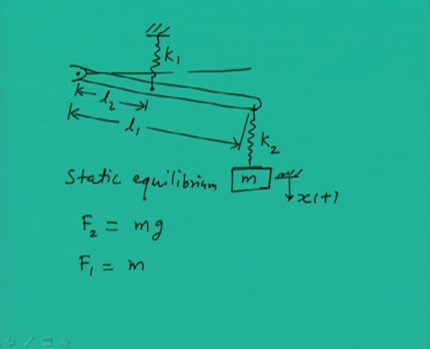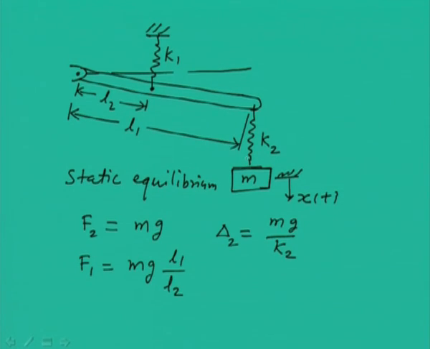So that will be mg L1 by L2. And now once we know the load, the extension of spring K2 can be obtained. We know that this spring is getting mg load, we know its stiffness, so this much extension spring 2 is getting.